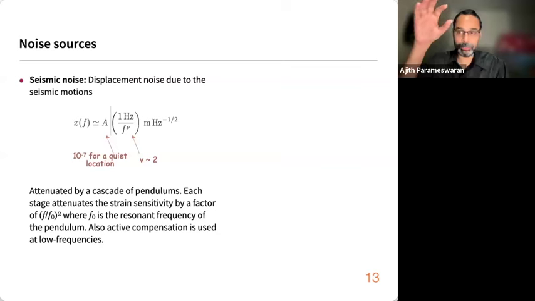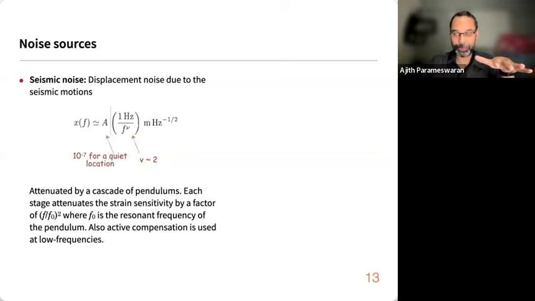So LIGO has triple stage pendulums, which will significantly dampen the oscillations. And Virgo has an even fancier seismic isolation system called the super attenuator. On top of that, LIGO also has an active noise cancelling mechanism, similar to how noise cancellation headphones work.